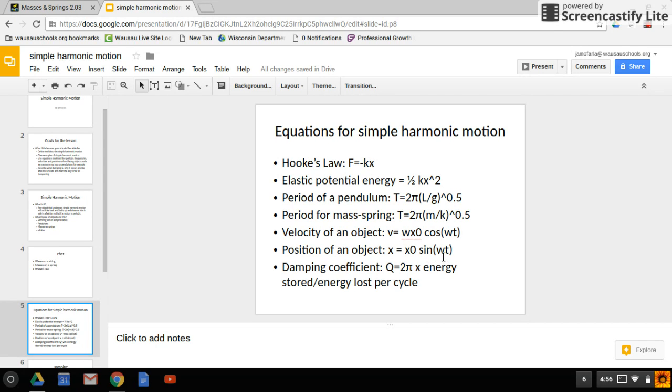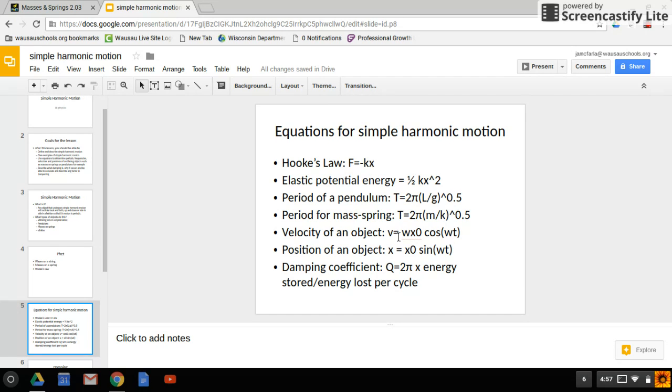Omega is the angular frequency. We talked about frequency, like how often something occurs. Well, this would be the angular frequency of that, and t would be that time, 5 seconds. So sine of omega times t would give us that position.